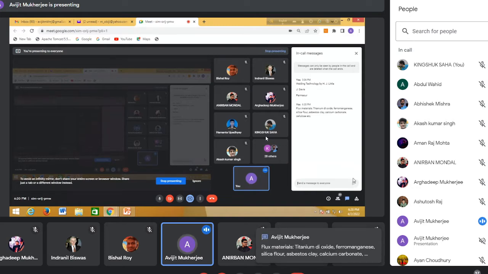And all these ingredients are bonded by sodium silicate liquid based binder.